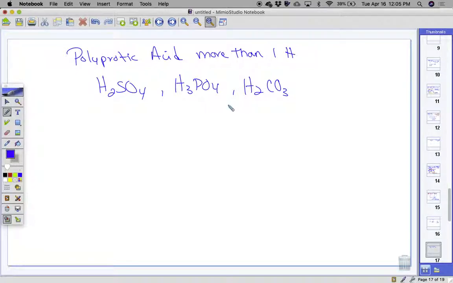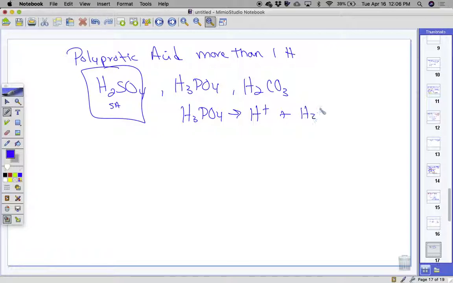So when you look up K values, we're going to ignore sulfuric acid because it's really a strong acid, but its second one is a weak acid, and that one's just special. So let's look at these two. If you had H3PO4, these H pluses come off one at a time. If the first H plus comes off, we are left with that. That dissociation is Ka1.